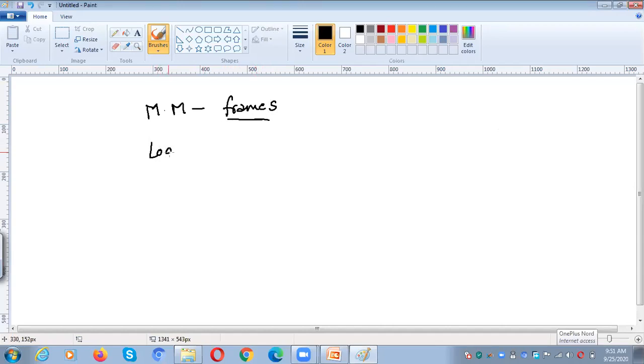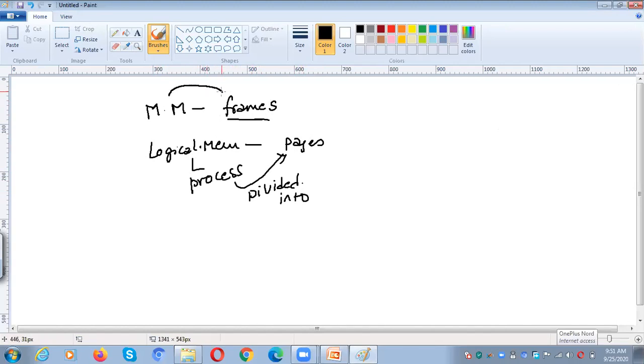The entire logical memory is divided into pages. What is logical memory? Nothing but your process. Your process is divided into pages, and the main memory is divided into frames. In order to run your process, the process needs to be in the main memory.